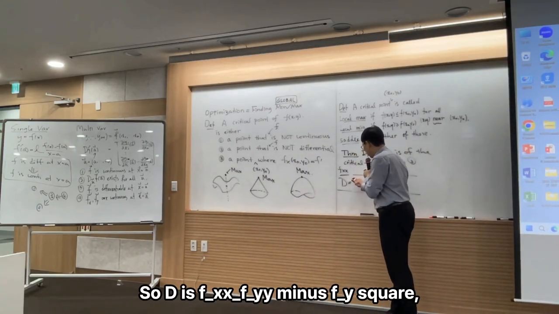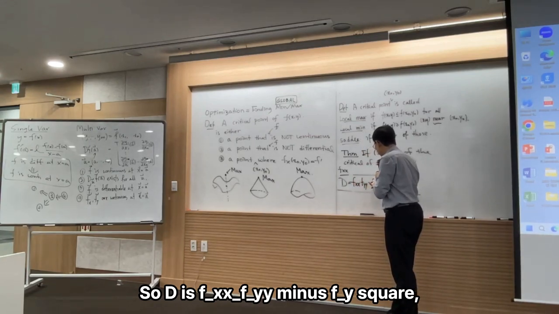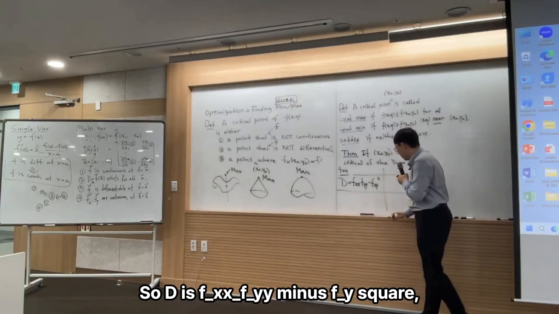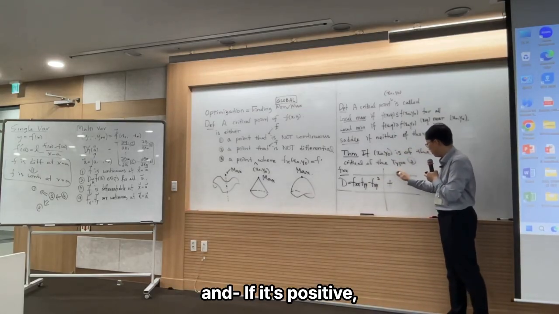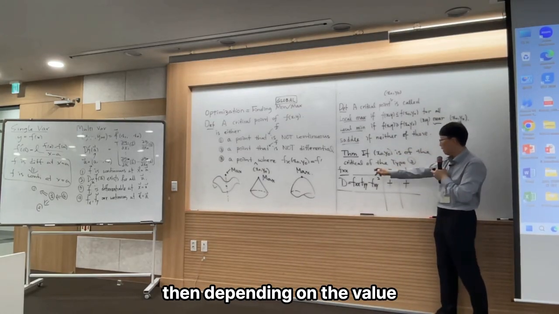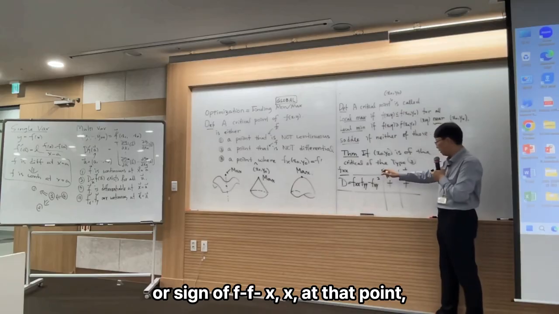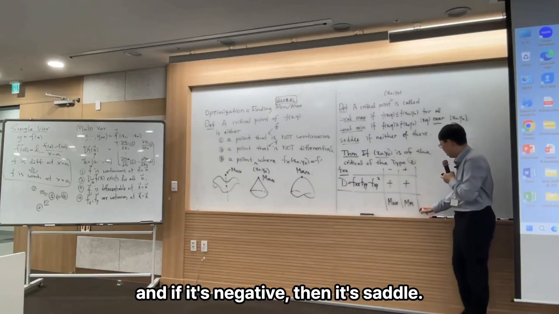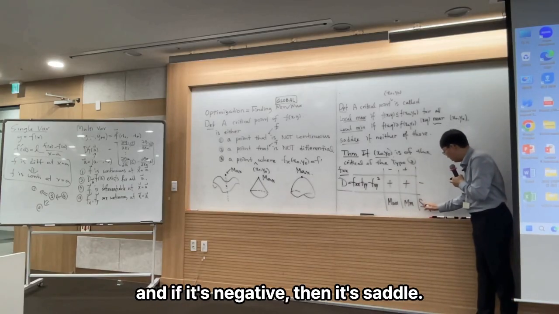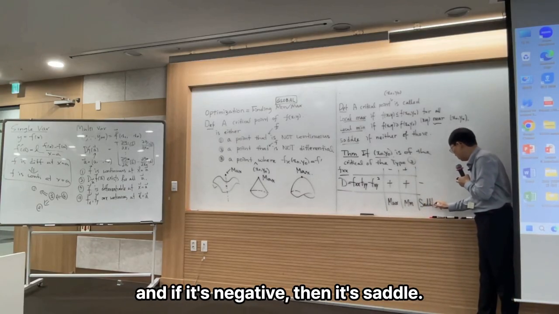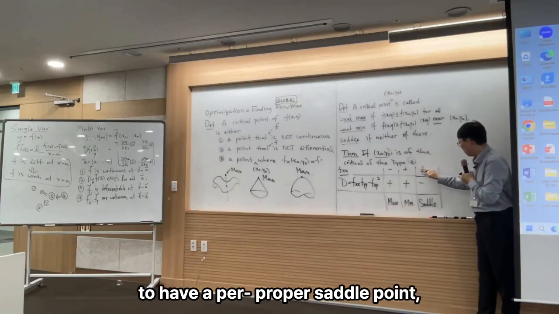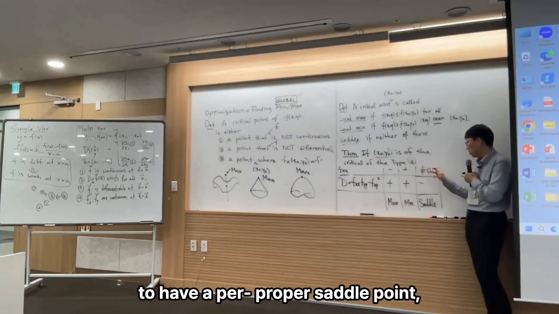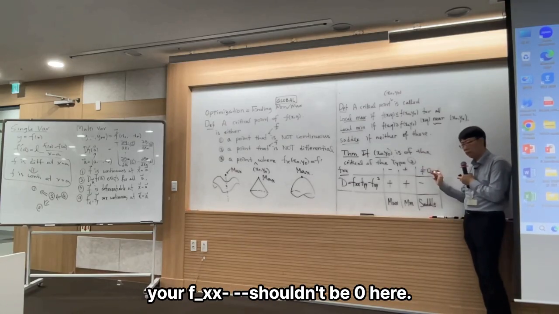D is fxx times fyy minus fxy squared. If it's positive, then depending on the sign of fxx at that point, you can have a local max or min. And if it's negative, then it's a saddle. In this case, to have a proper saddle point, your fxx shouldn't be 0 here.